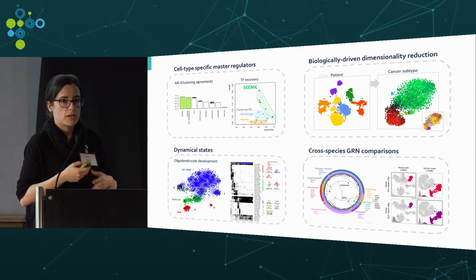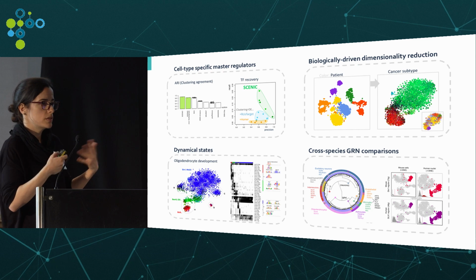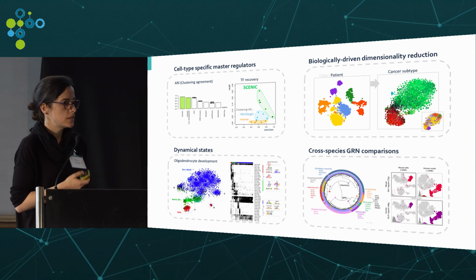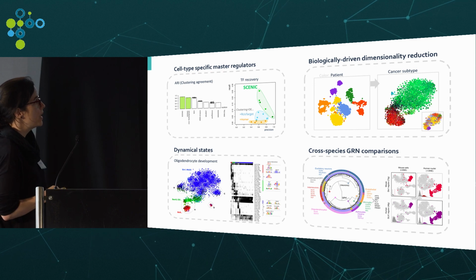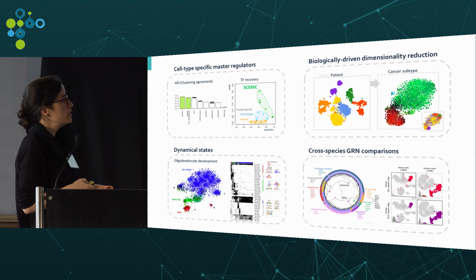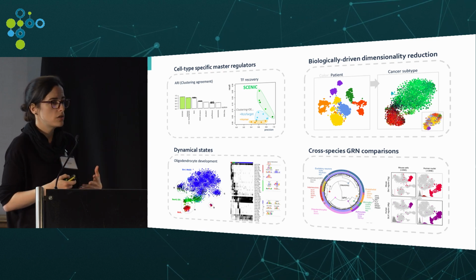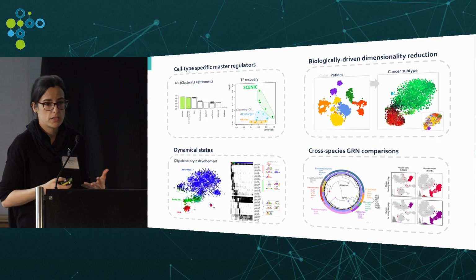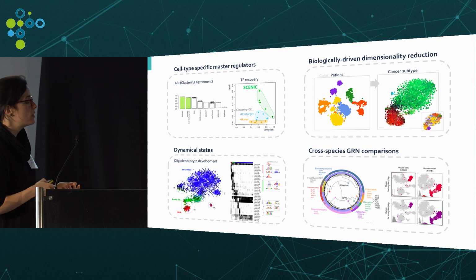This robustness to batch effects and technical bias is especially useful, and we went to a bit more exotic analysis, such as comparing the regulatory networks across species, for example, from mouse and human brain cells. We didn't just compare the actual targets of each transcription factor, but we also compared whether the regulons actually represent the same cell types across the different organisms.